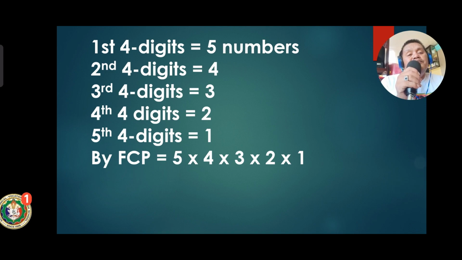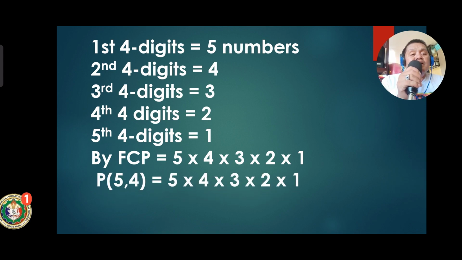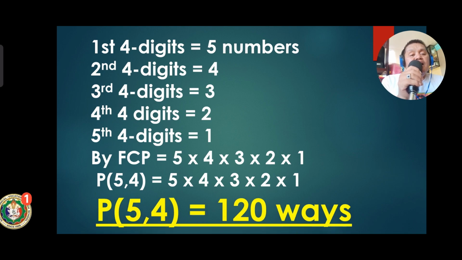We have the answer, 120 ways. So there are 120 ways that 4-digit numbers can be formed from the 5 numbers, 1, 2, 3, 4, and 5.